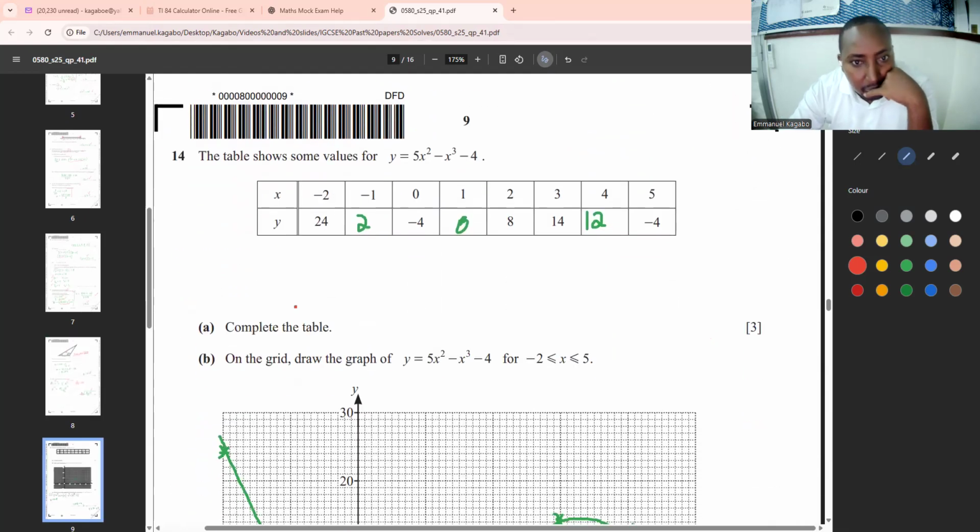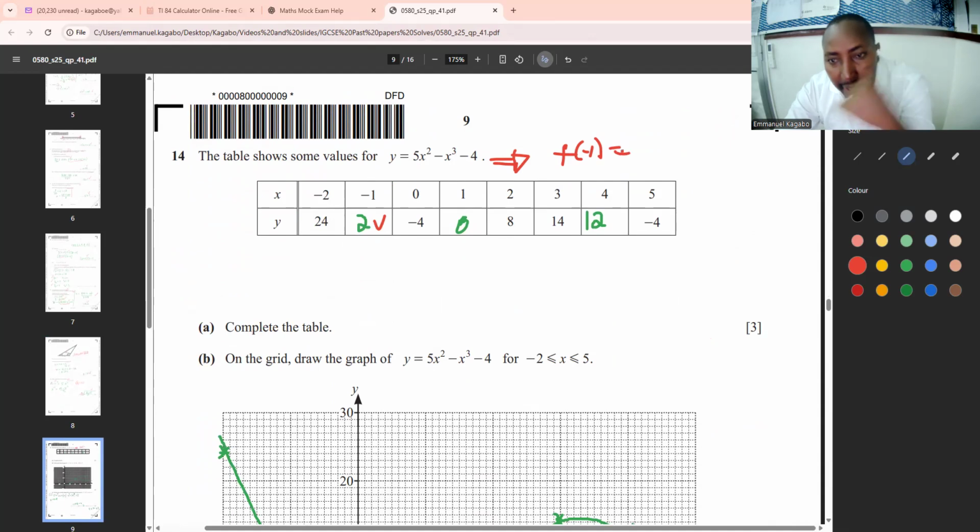Fantastic. Very good. The table shows some values of this. Okay? Copy and complete. So you have to put this value in here. If you put it there, you get -2. So I can do one of them. Let me do the negative one. So it's going to be f(-1).